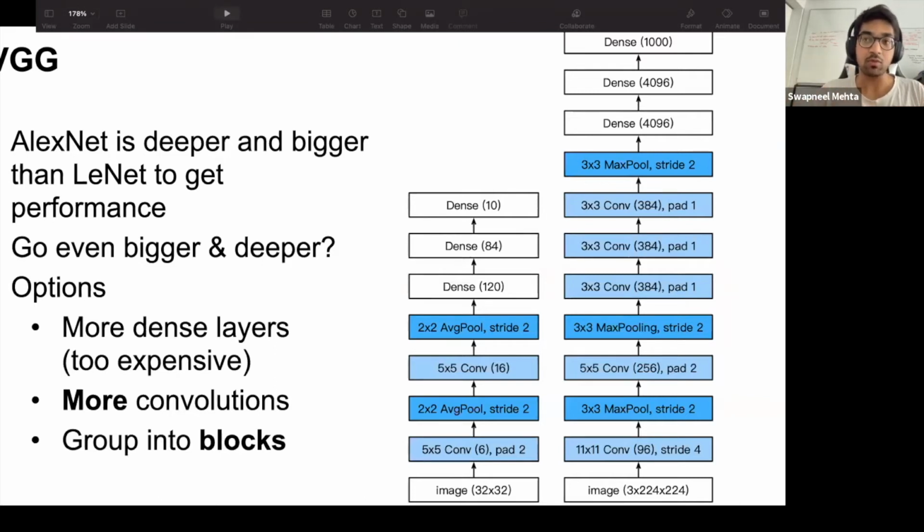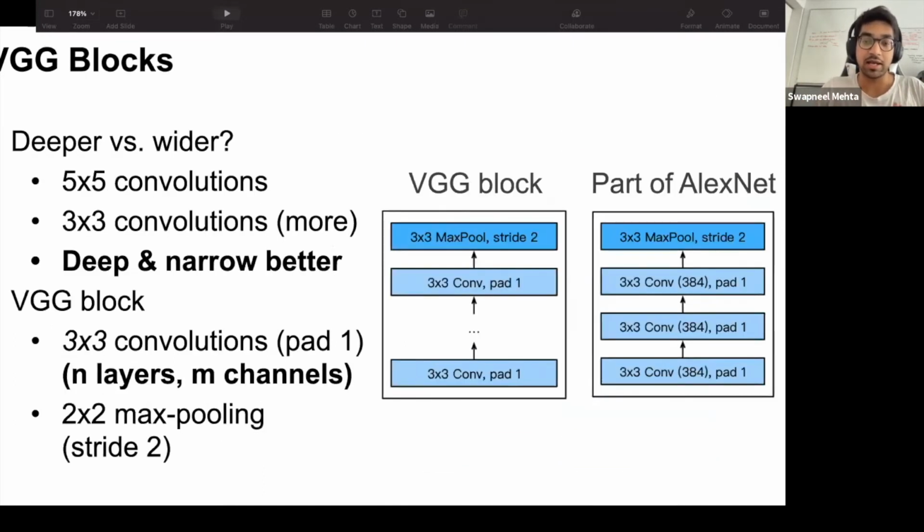So what they came up with is they grouped these convolutions into blocks, and each block is doing something in a repetitive fashion. You divide the problem into subproblems where you design these blocks and then repeat the blocks to get this kind of architecture. That was the intuition here, if I remember correctly.